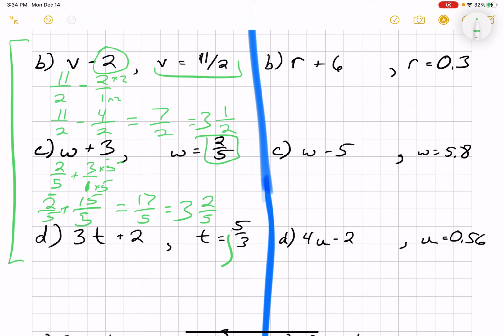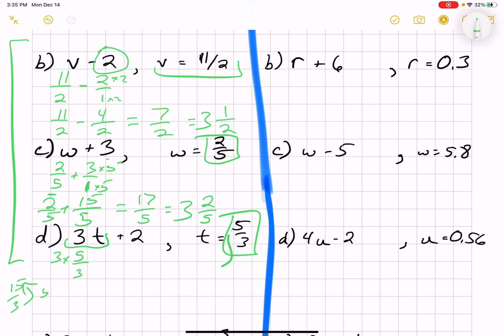Okay, and this last one here, so t. These are right beside each other, so they're going to multiply. So I have 3 times 5/3. Now, what's going to happen here is I'm going to multiply those together, right? So that's going to be 15/3. And then I'm going to put it into lowest terms, right?